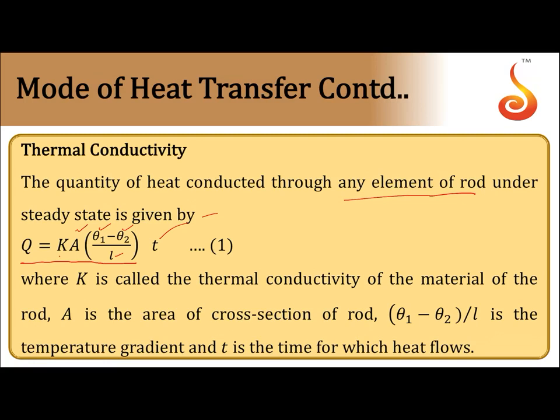K is a constant, the coefficient of thermal conductivity or thermal conductivity of the material of the rod. Thermal conductivity is constant for a given material. It varies from one material to another. Here (theta 1 minus theta 2) divided by L is called the temperature gradient, and at steady state this temperature gradient throughout the rod remains constant.